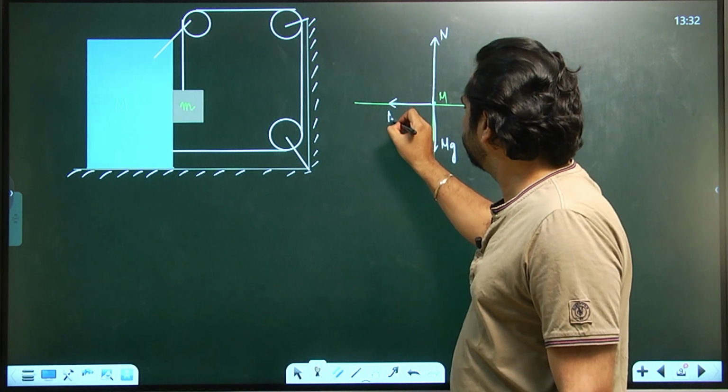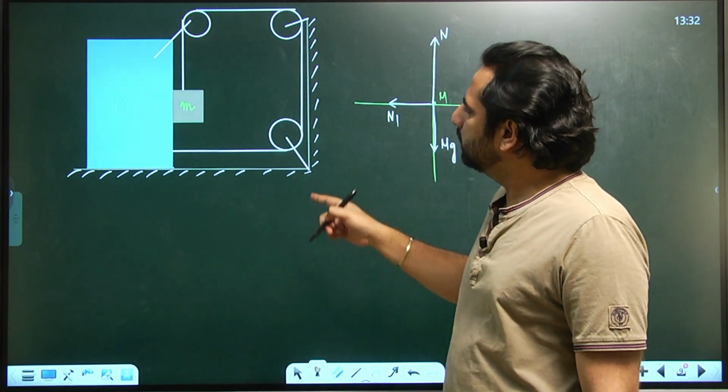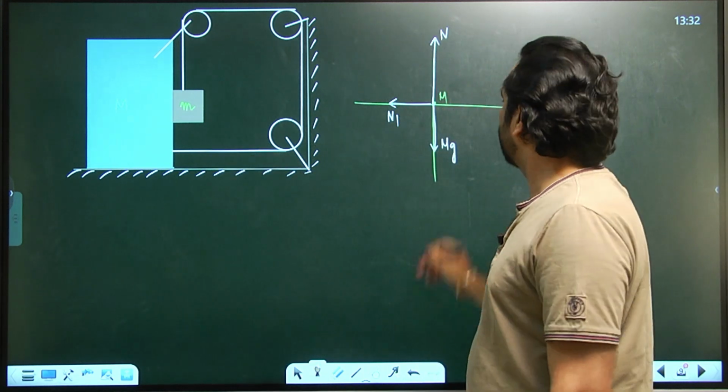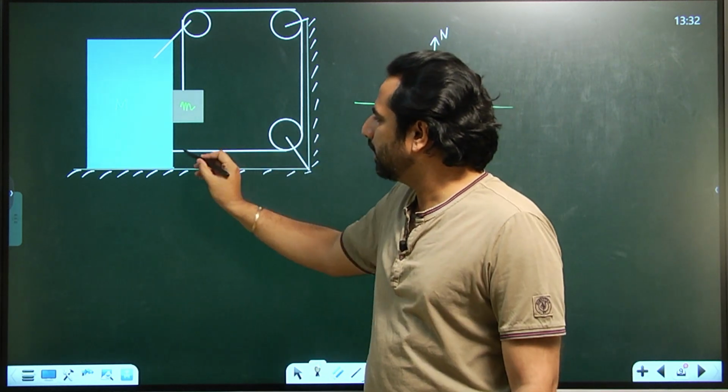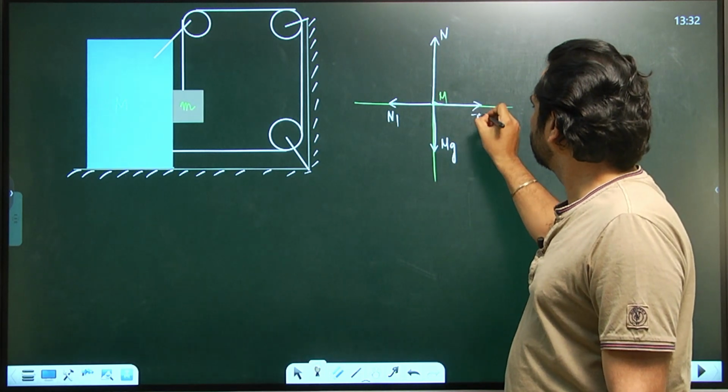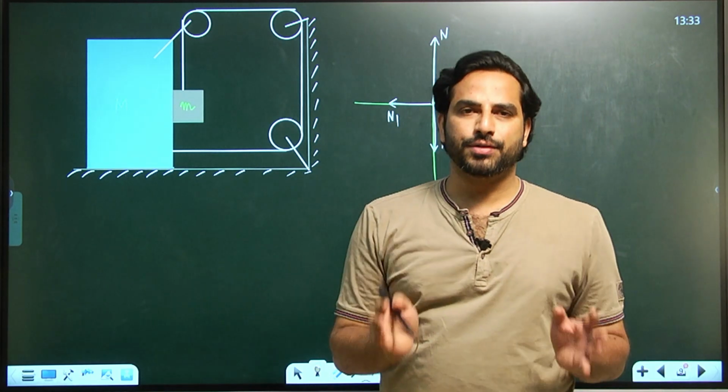So this is N1, and the string is directly connected to the bigger block, so there is tension T towards the right. These are the forces.